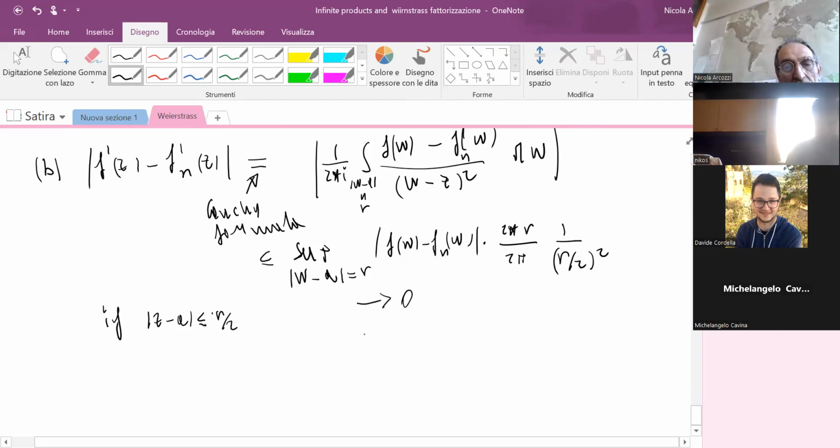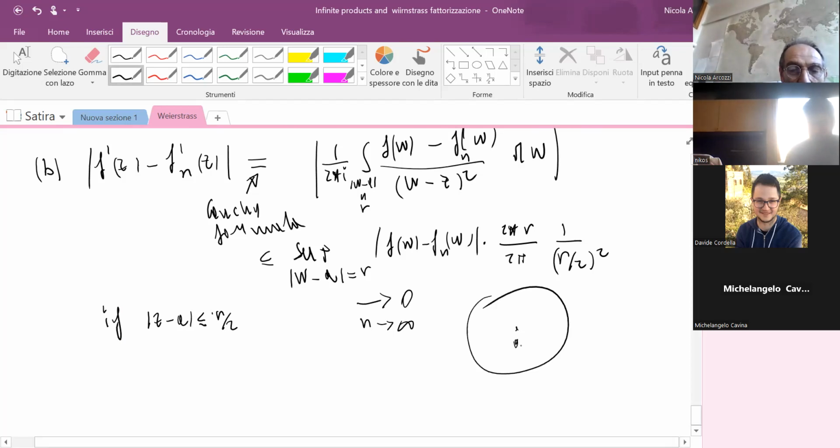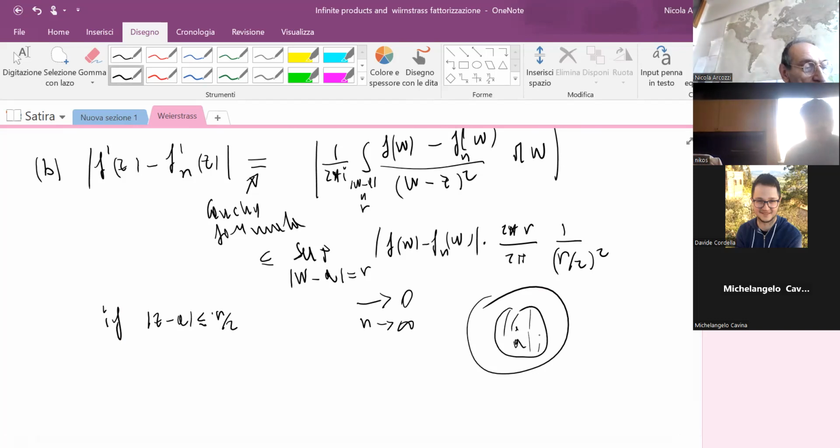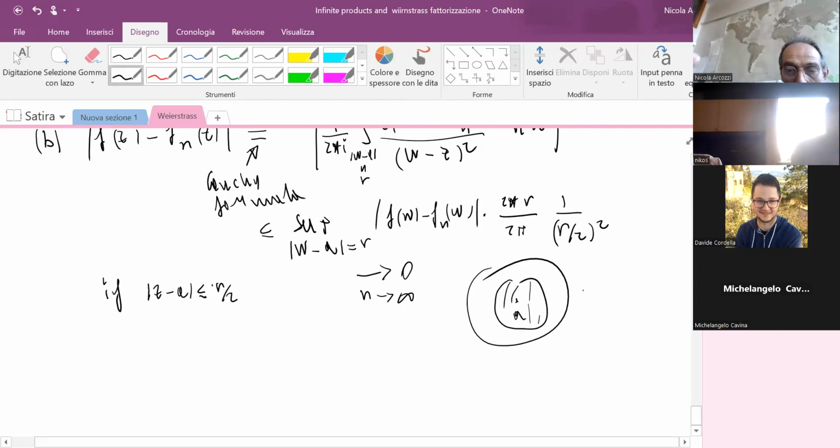And that goes to 0. So I have uniform convergence on half disks, and so locally uniform convergence.